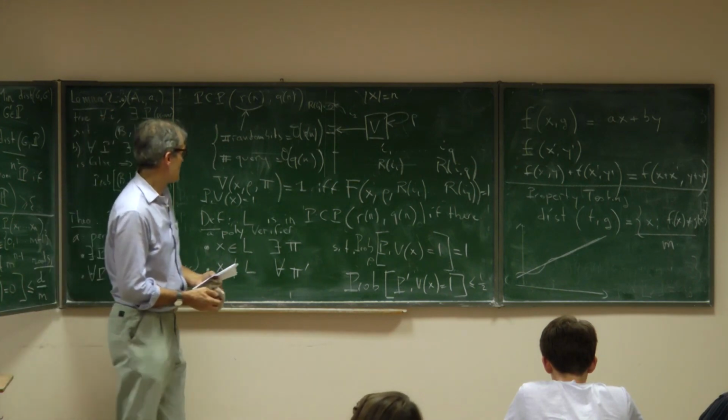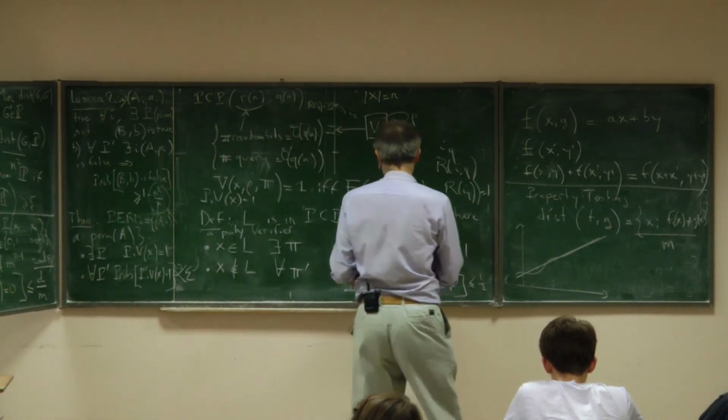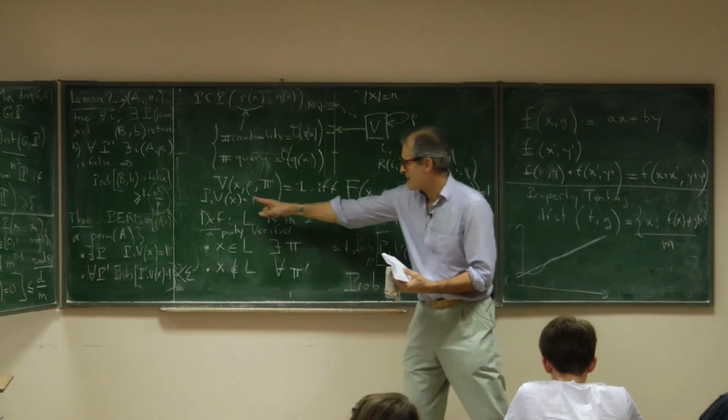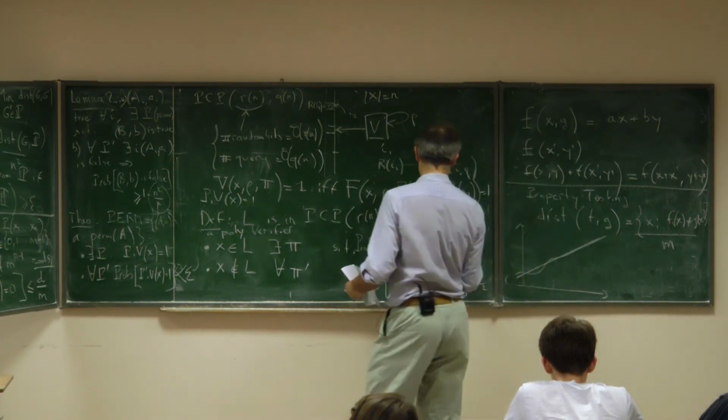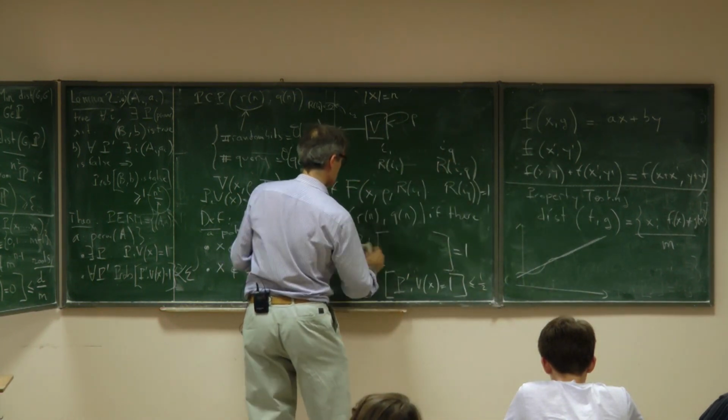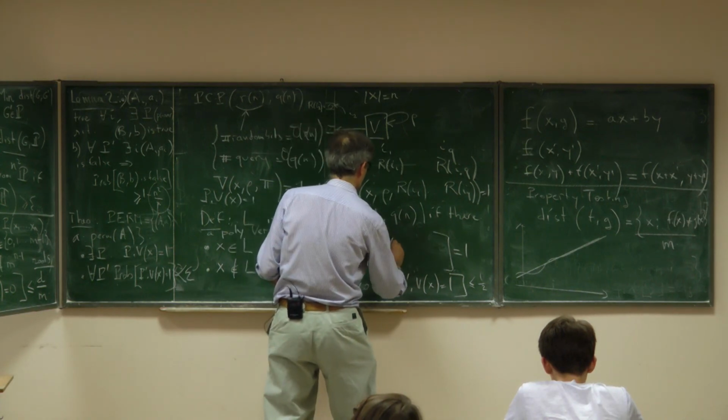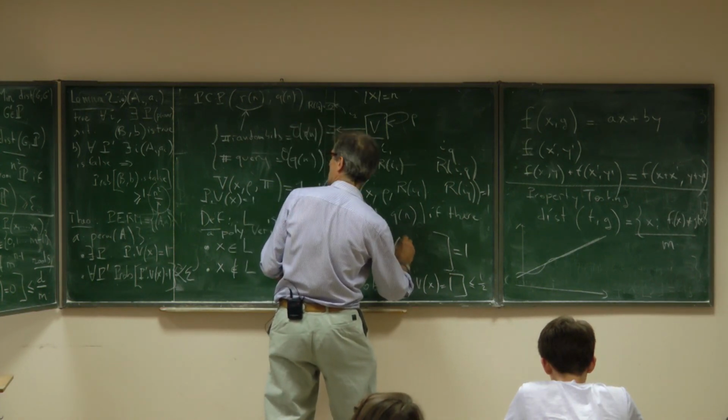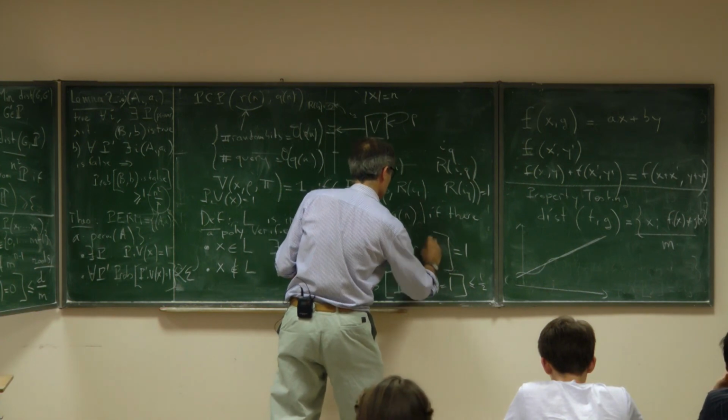Okay, and I replace the P V x by this. So V sub x rho pi equals 1.